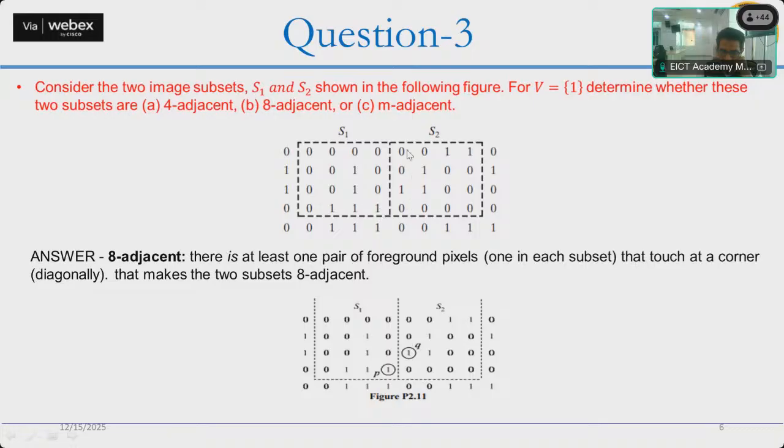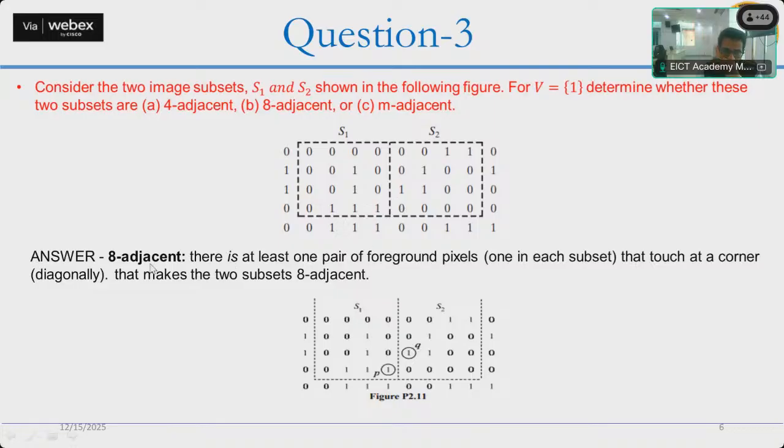And here in S2, only 1, 1 is there. Since we have to verify on the basis of that V set, now we have to check whether it is 4-connected, or whether it is diagonally connected, or connected by the third way.